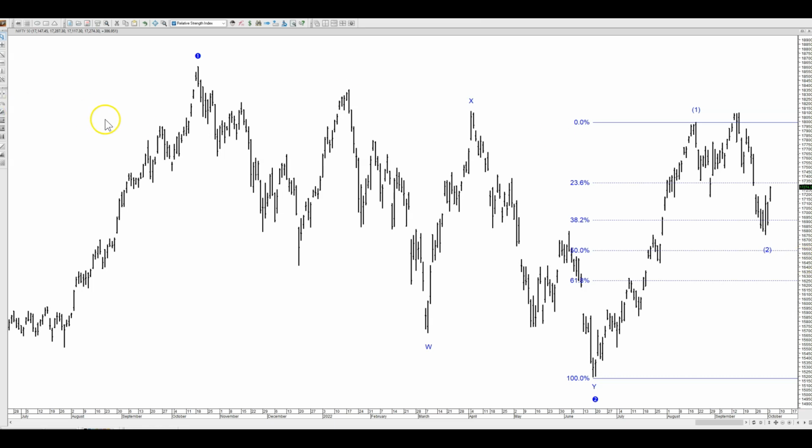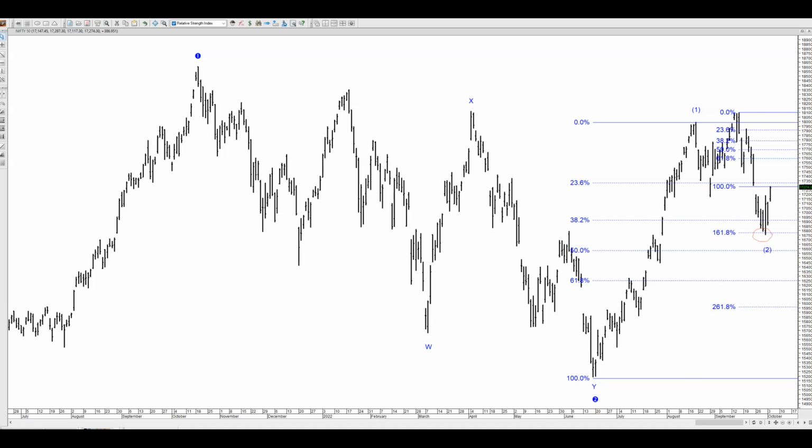So let us see how much it did. So we take our tool, we measure the distance of wave A and project it from the beginning of wave C. And you see here a beauty. This is it.